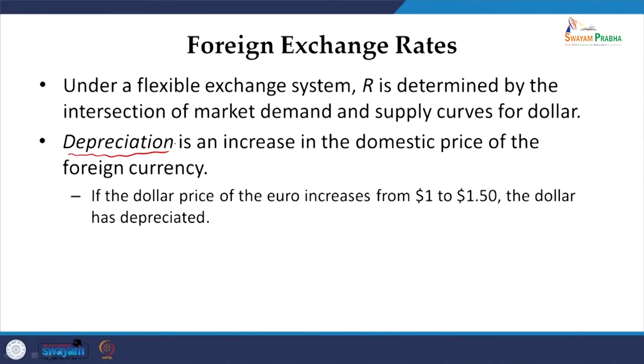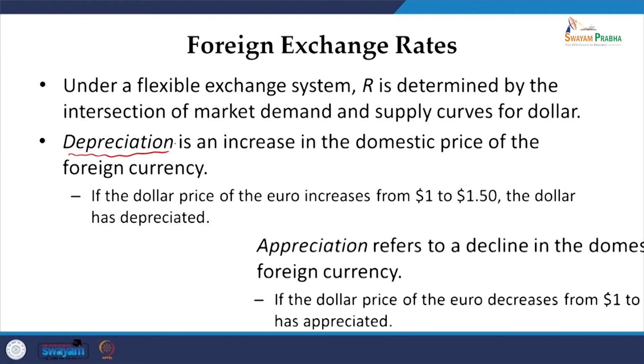If the dollar price of the euro increases from $1 to $1.5, that means for one euro, how many dollars can be exchanged. If the dollar price increases from $1 to $1.5, the dollar value has depreciated, and in reverse the euro value has increased.